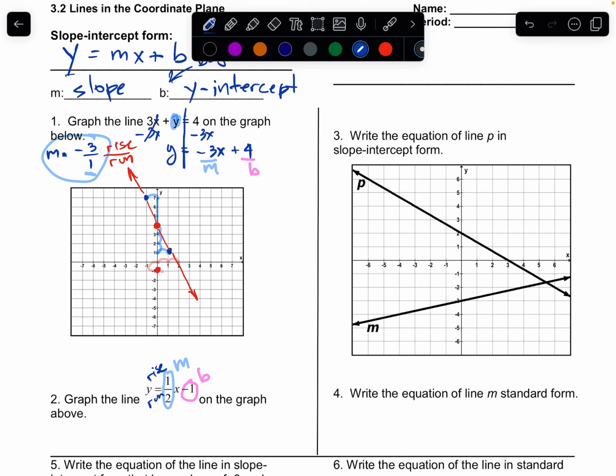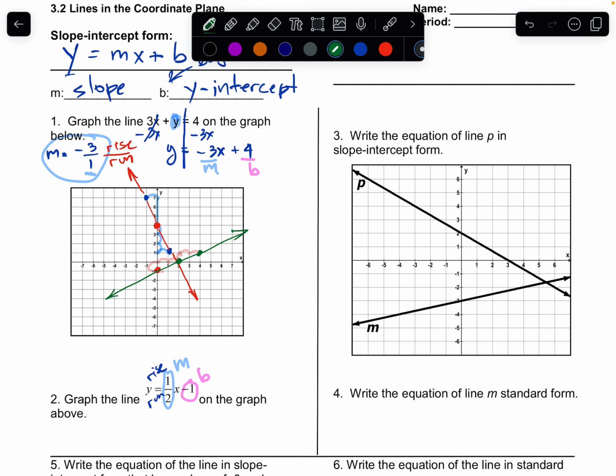So this is my point right here. I'm using another color. This is going to be green, okay? And I can keep going again. I can go up 1, rise 1, and run 2, 1, 2. That's another point, and I can go forever. So my line is going to go through these 3 points.